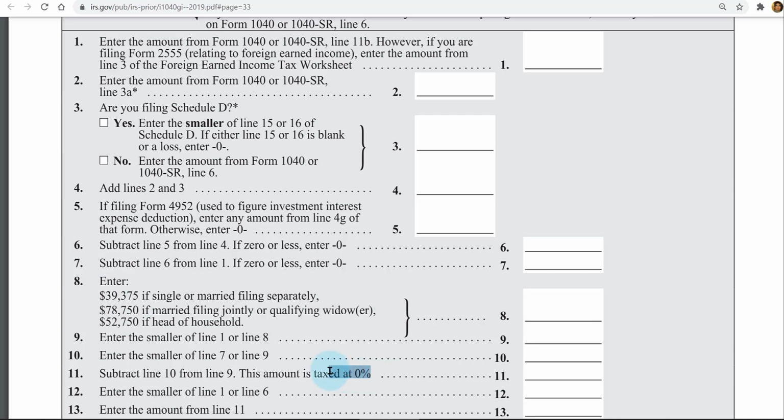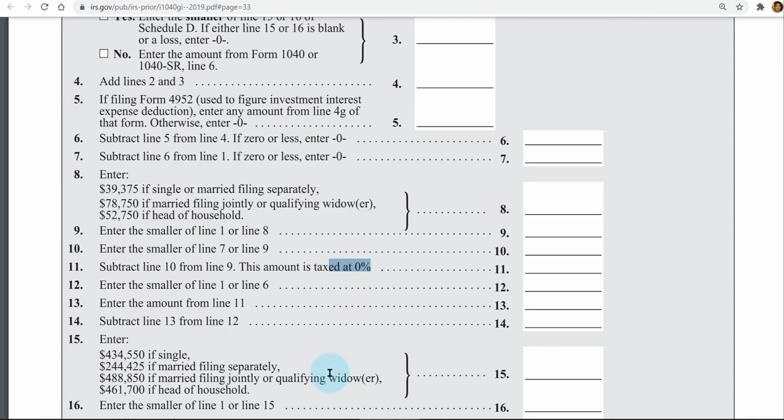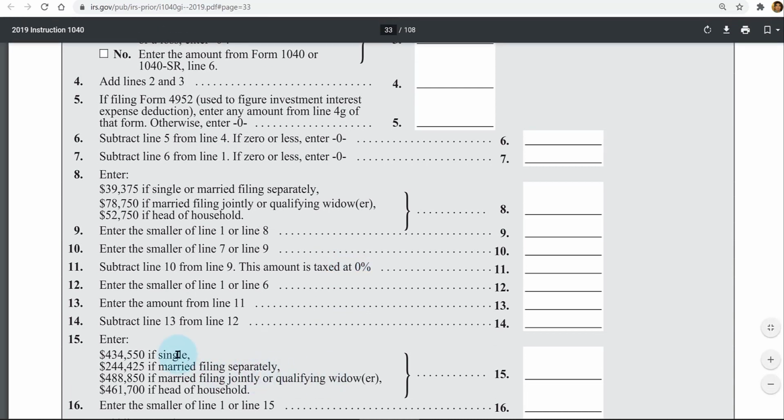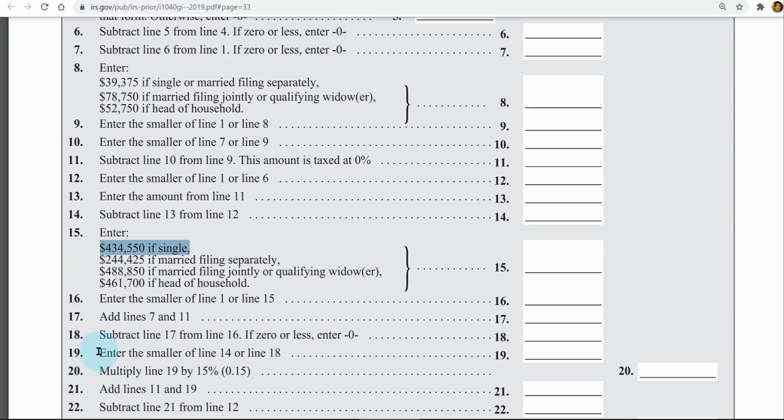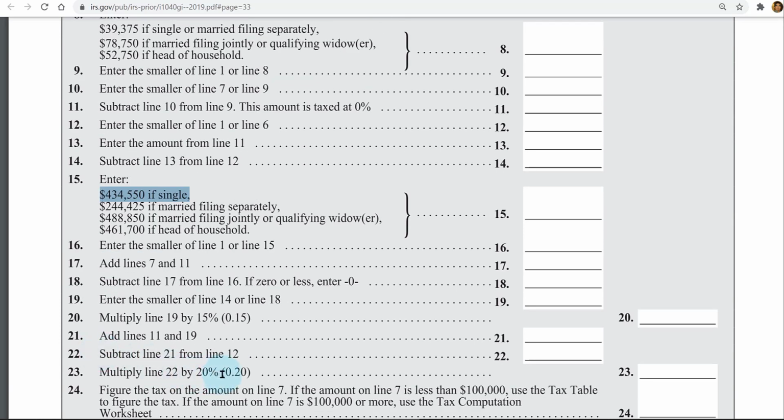In other words, tax-free. And if your taxable income for a single filing status exceeds this large amount, that means their net capital gains and qualified dividends get taxed at this higher amount, which is still less than the regular income tax rate, but for wealthier taxpayers, they get taxed at 20%.